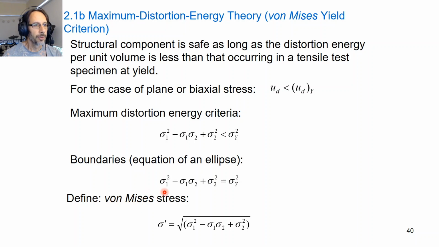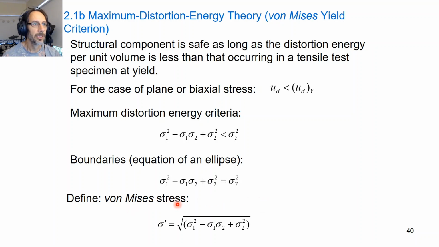And we also can take this left-hand side here, take the square root of that, and we call that the von Mises stress. So this is an important thing to know. So if you have done any finite element analysis, and you will do it in Mech Design 2, usually the default output for your stress calculation or your stress analysis in the finite element method is the von Mises stress.